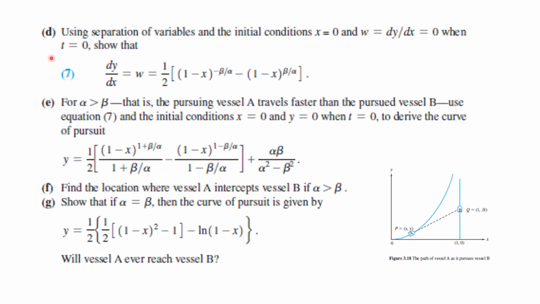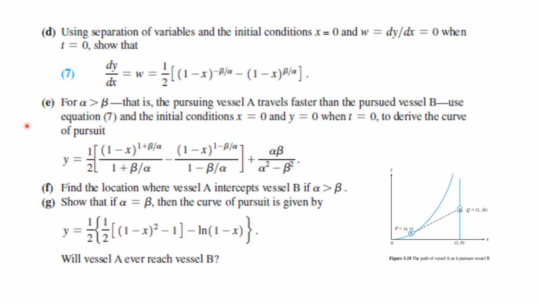Part D, using separation of variables and the initial conditions that x equals 0 and dy/dx equals 0 when t equals 0, show that, and again, this is another thing you have to show, dy/dx is equal to w equals 1/2 times ((1 minus x) to the minus beta over alpha minus (1 minus x) to the beta over alpha).